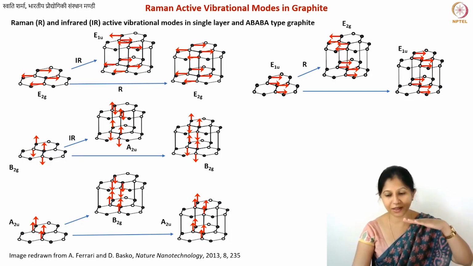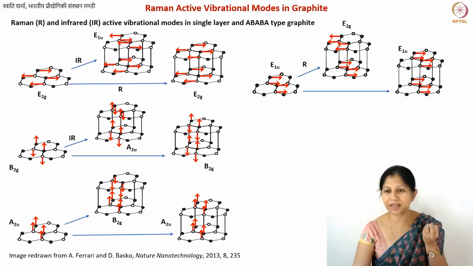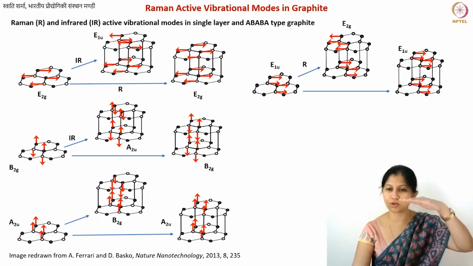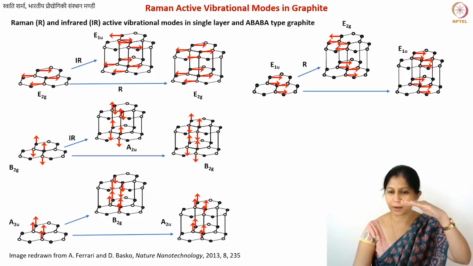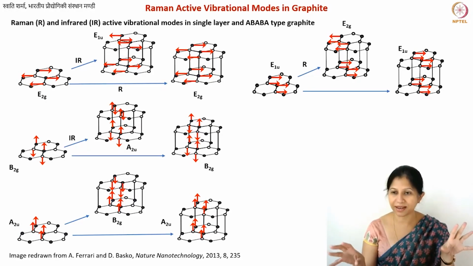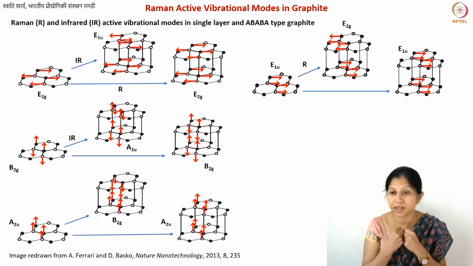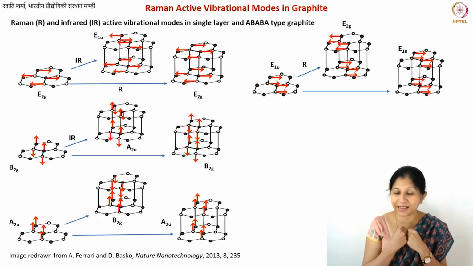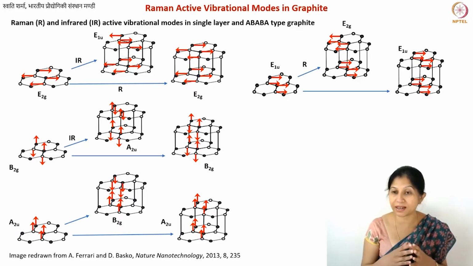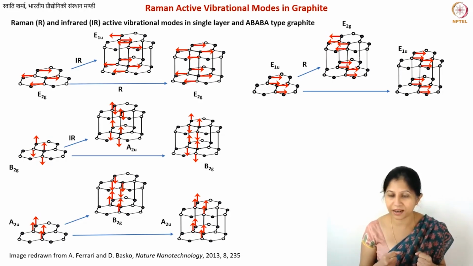If the molecule just absorbs the energy of the photon and goes from level 0 to level 1, and then nothing happens, nothing comes back. Why? Because the molecule has actually absorbed the radiation, it has just gained that energy. So that is what happens in the case of IR spectroscopy, and that is why it is sometimes called IR absorption, because the molecule, or the electron, actually absorbs the energy of the photon.